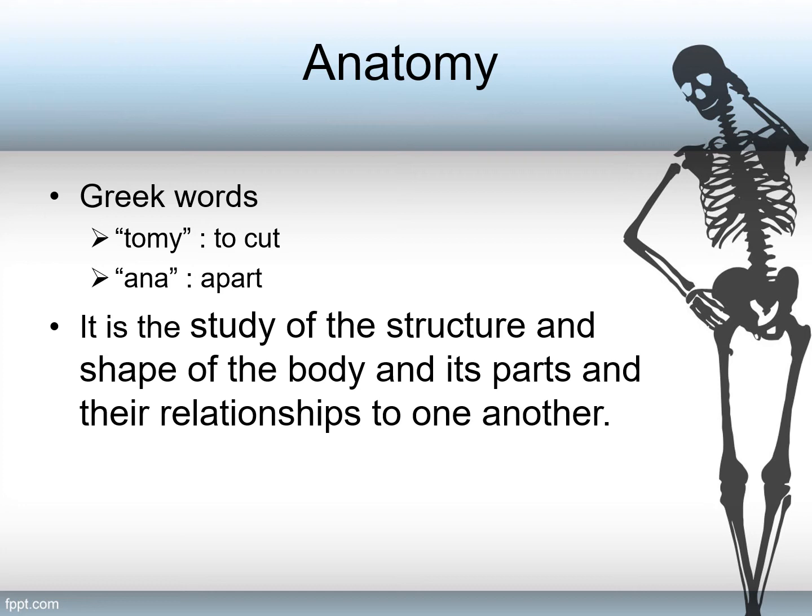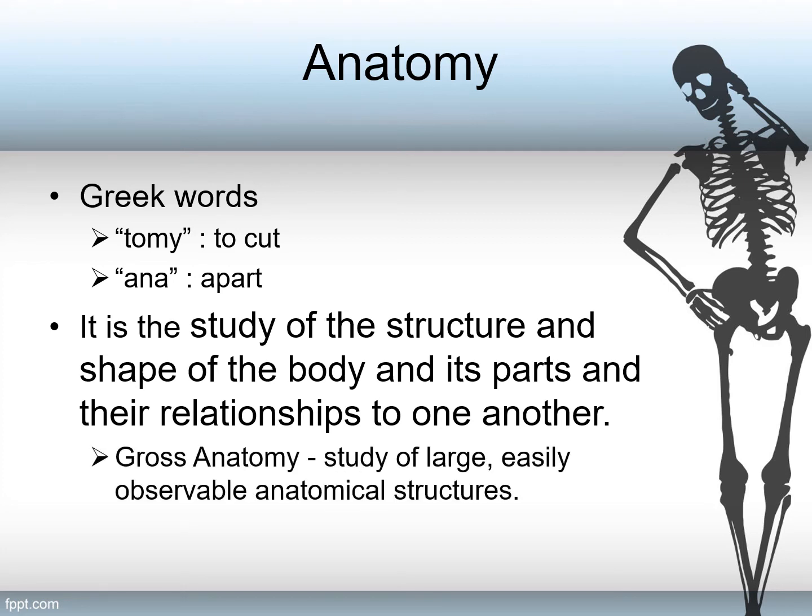So in anatomy, we have gross anatomy and microscopic anatomy. Gross anatomy is the study of large and easily observable anatomical structures. So everything that you could see with your naked eyes, that is gross anatomy.